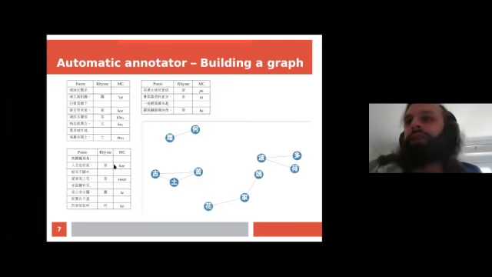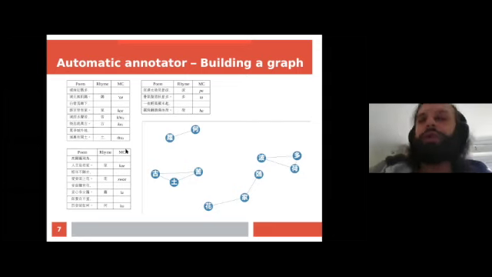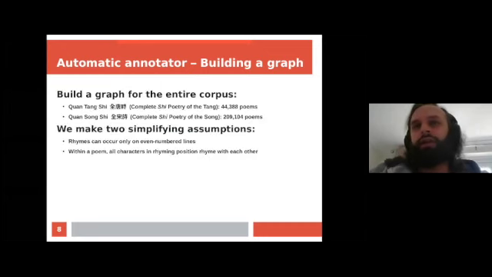Because here, the assumption I make in this automated computation is that all these 4 characters rhyme. Here they don't. And it's the same here. We see that e and ke don't rhyme with ku, ku, tu. But we're going to see that the technique we use after on the total graph makes it an acceptable assumption.